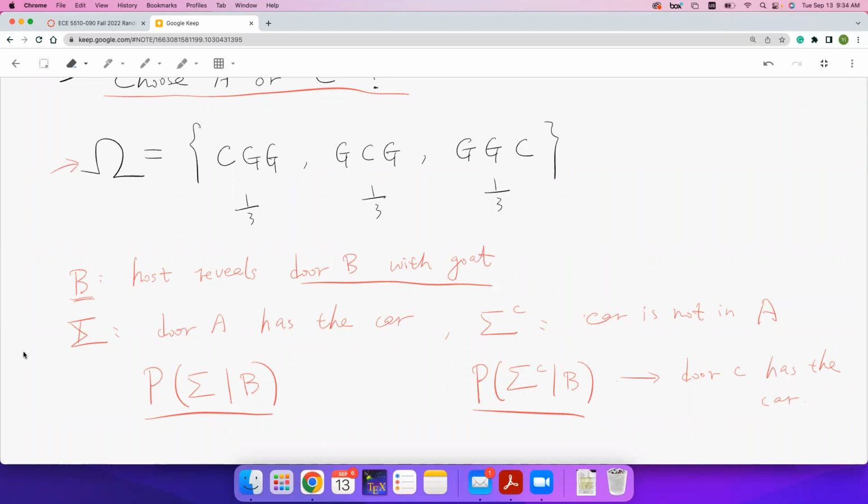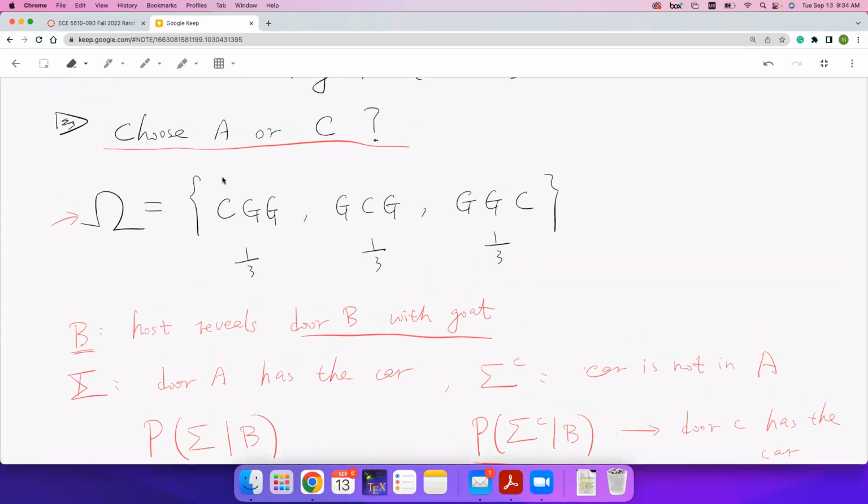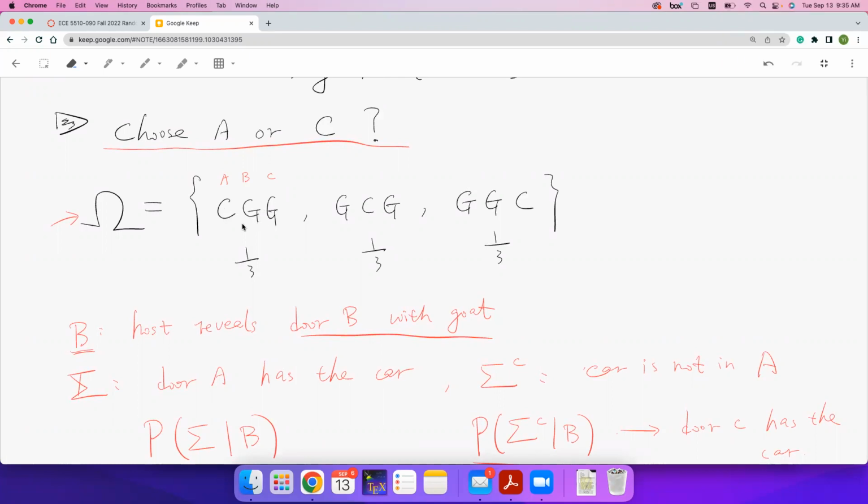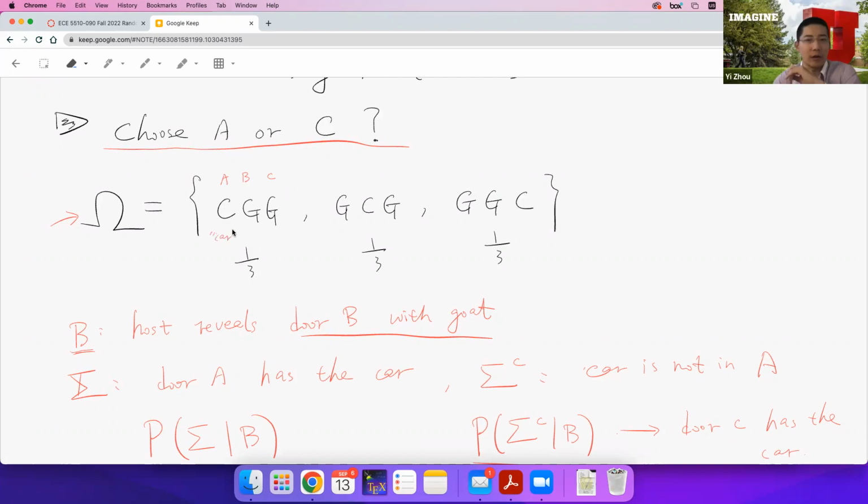The three events inside of it, what do each of those mean? Is it just door A, door B, and door C? Yes, this corresponds to the assignment of the gifts to the three doors. So this means A has the car, B and C have the goat, right? So this is car, and this is goat.